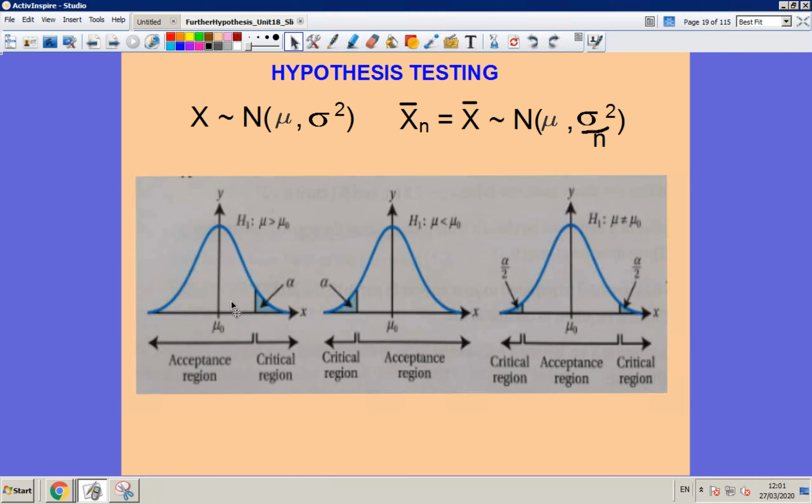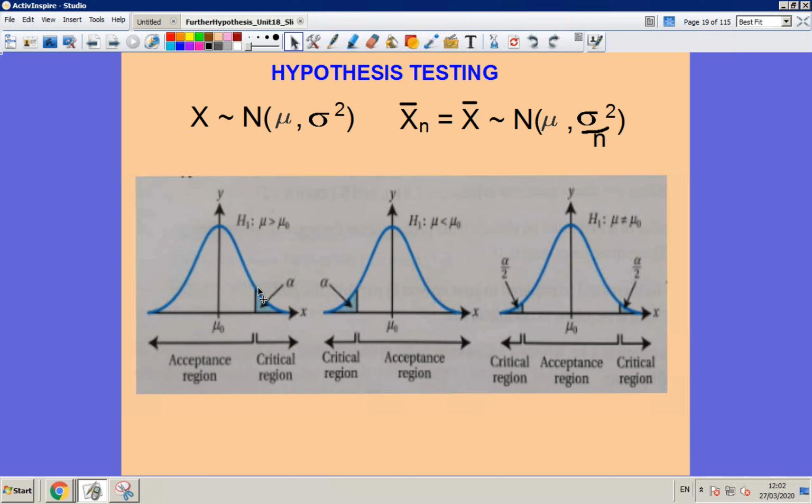We're going to be able to say, what's the chance of getting a sample mean of this given the population mean? And if that mean falls within our critical region, then we're going to have evidence to reject the null hypothesis.